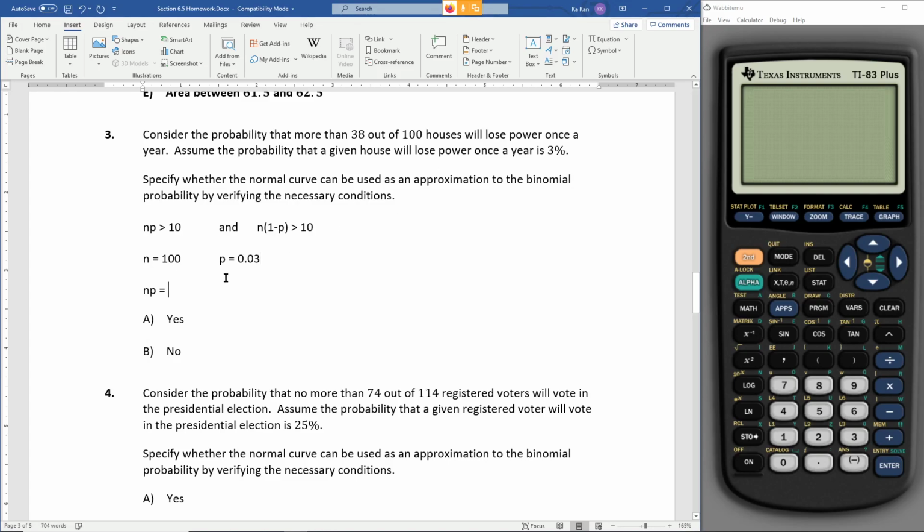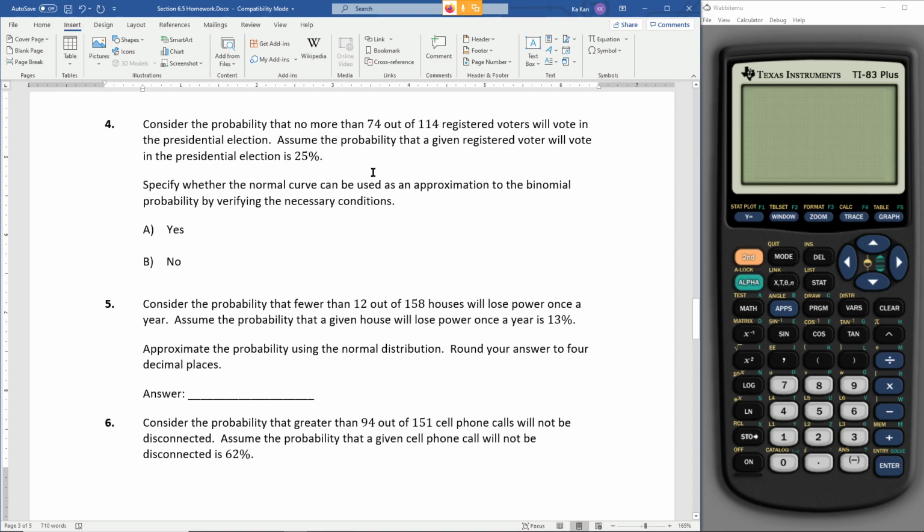So NP is 100 times 0.03, which is equal to 3, right? That's less than 10. So right off the bat, fail. So that's a no. Basically, your number is not big enough. Your number has to be bigger. The mean of your success has to be big enough for you to use normal distribution. So that's not going to work.